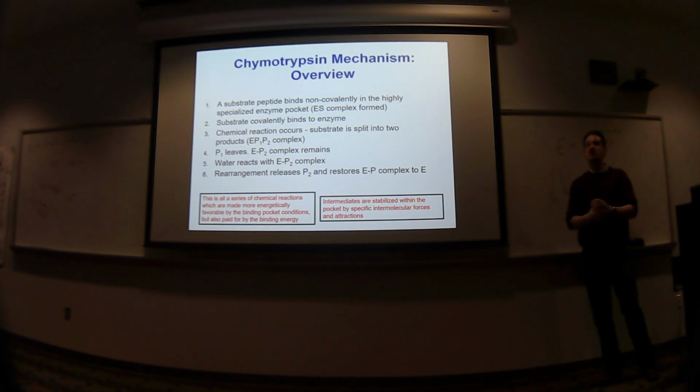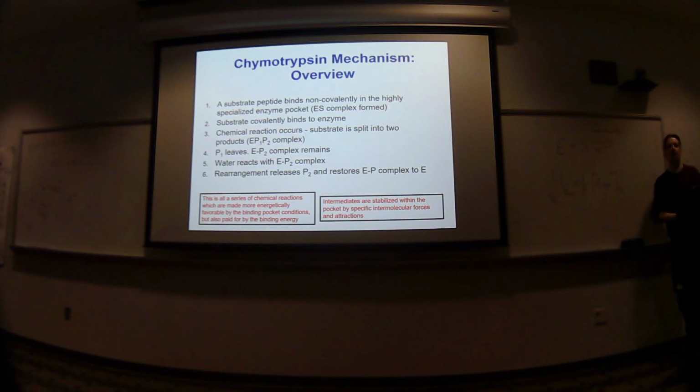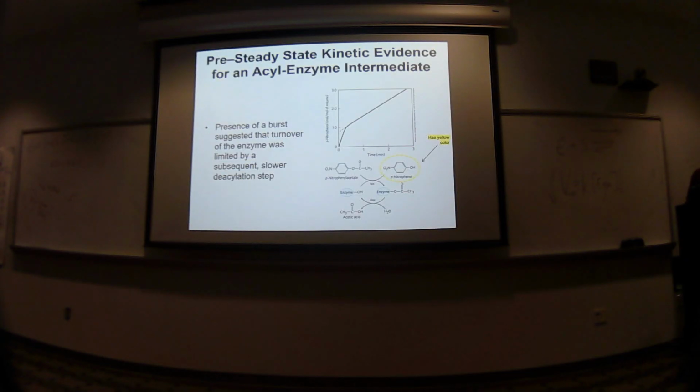That's just a multi-substrate, but rather than 1, 2 binding and then 1, 2 leaving, one binds, splits into 2 products, and then those 2 separate products leave. So it's just E plus S makes ES, makes EP1P2, P2 leaves, P1 leaves, leaving behind E, and it just goes around again.